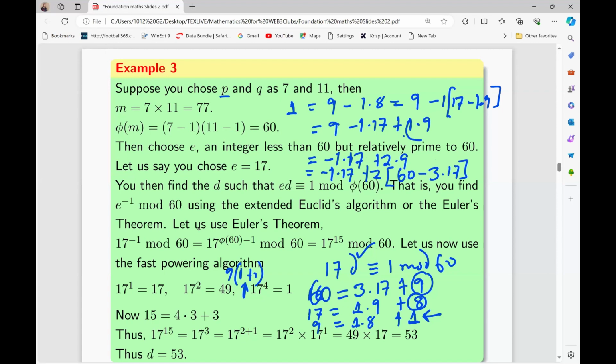Open that bracket, and before that you have negative 1 multiplied by 17, and this will be plus 2 multiplied by 60, and this other one will be negative 6 multiplied by 17. Like terms together, let me begin with the 2 multiplied by 60, and this other one is negative 7 multiplied by 17. Okay, let me create some space.